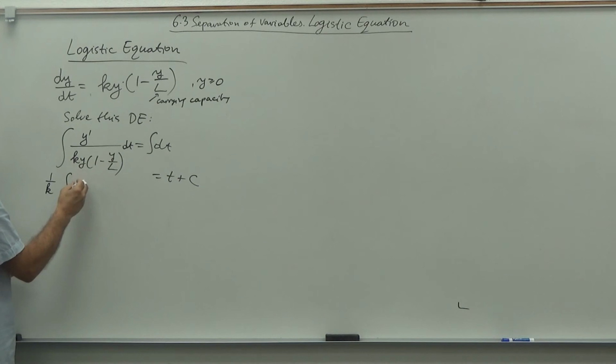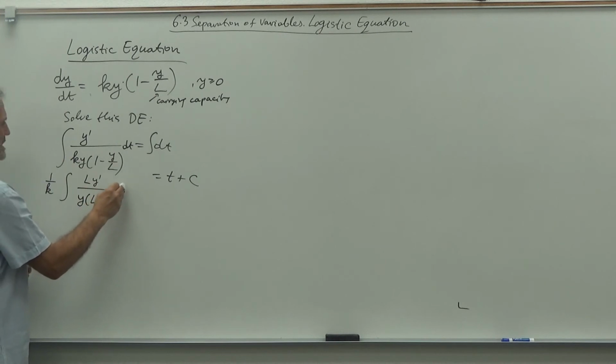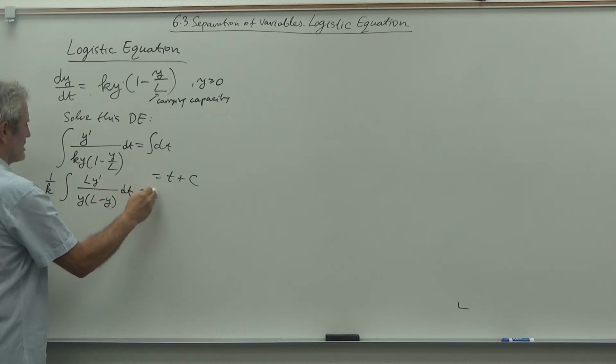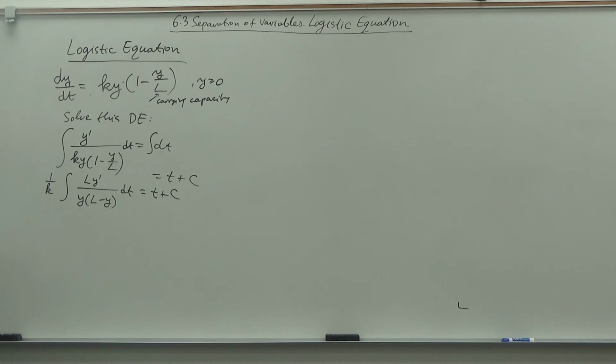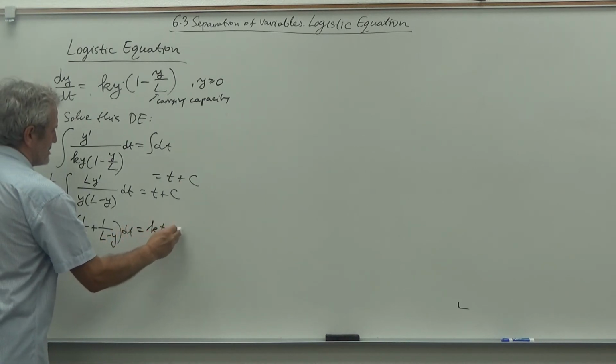I'll multiply by L up and down, so I get L y prime over y times L minus y dt equals t plus c. And then it's very easy to see that this is the integral of 1 over y plus 1 over L minus y. I didn't do A over B over, because if you add them up, you see that you get L. It equals kt plus c.